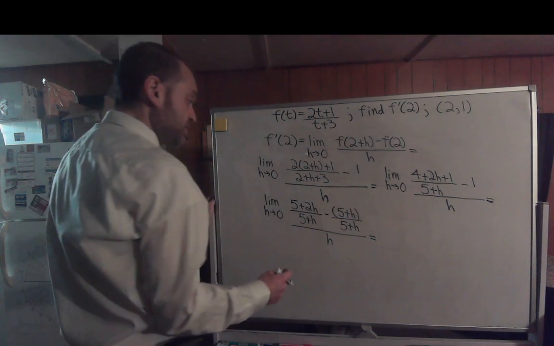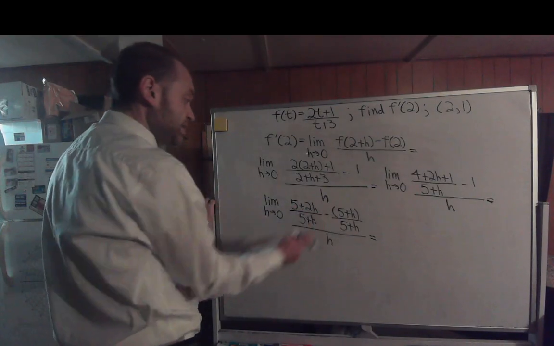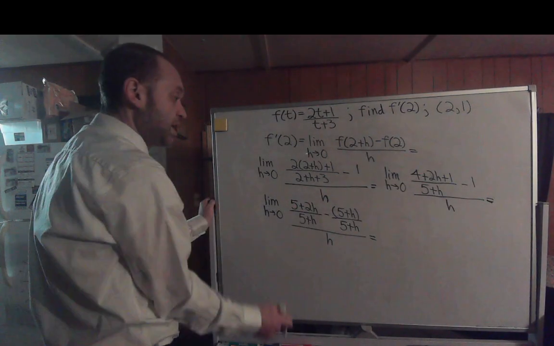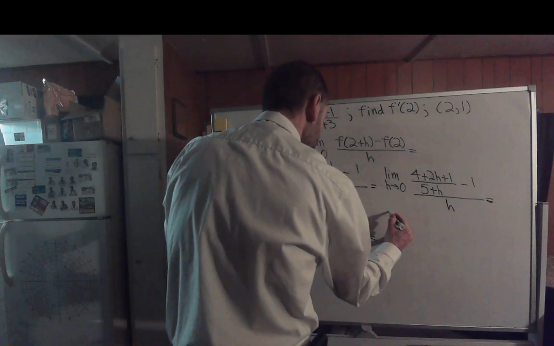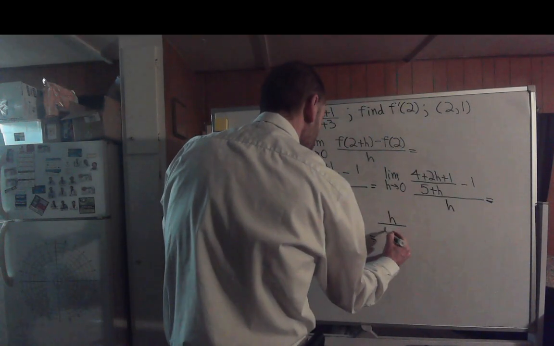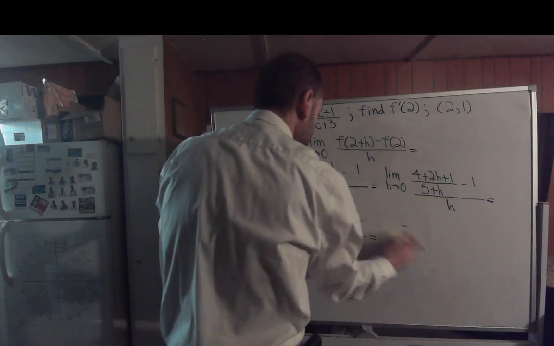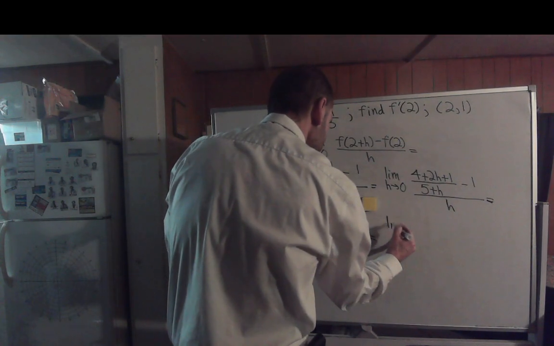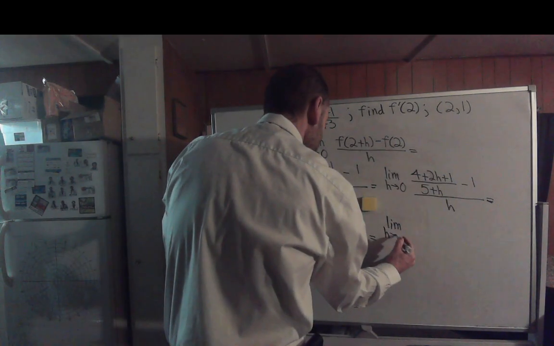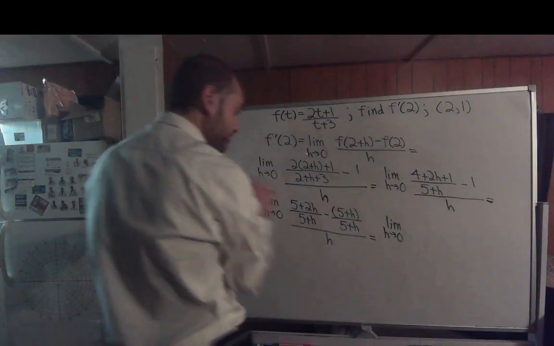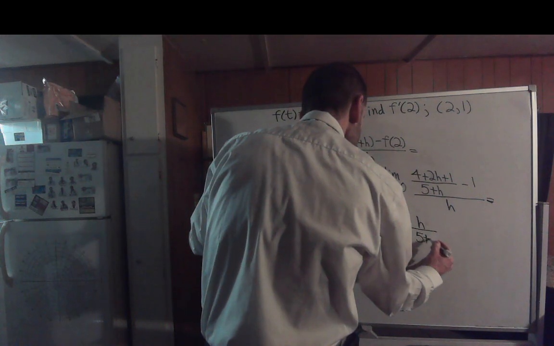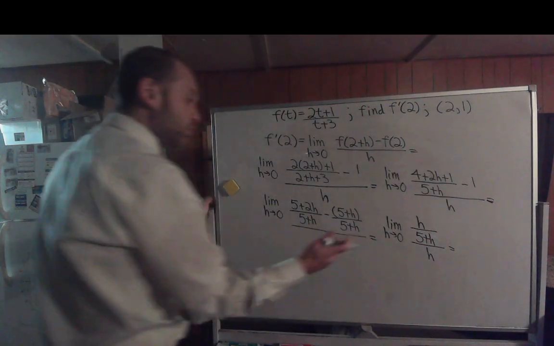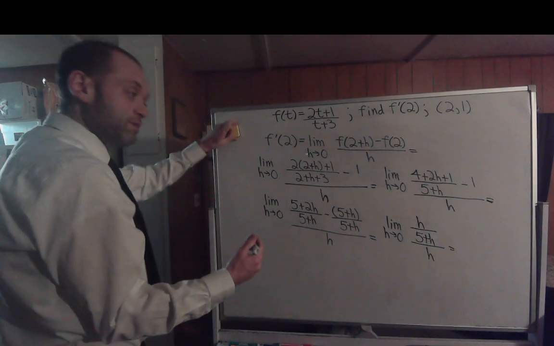Let's simplify further. So 5 minus 5 is 0, 2h minus h is just h. I need to write this as the limit as h approaches 0 of h all over 5 plus h, all over h. And now, of course, we have a complex fraction. We'll invert and multiply.